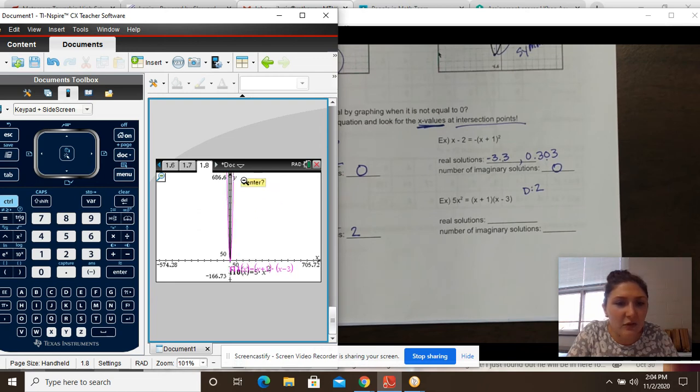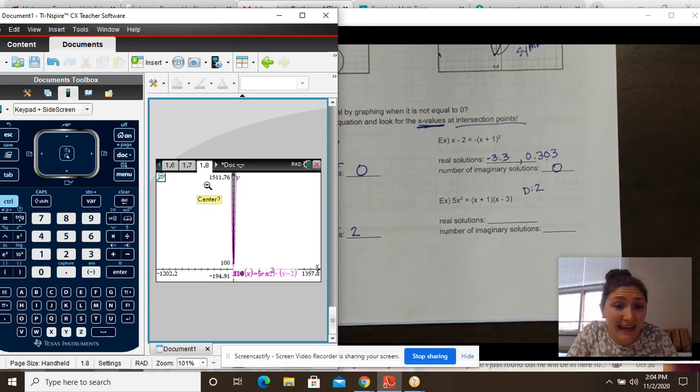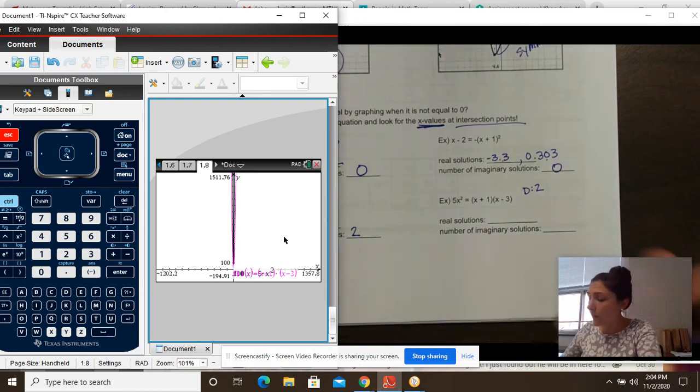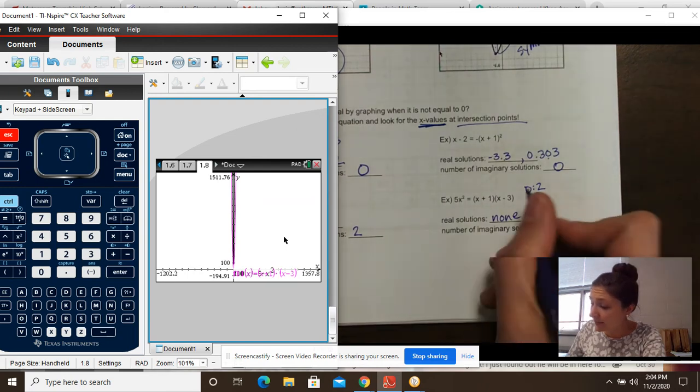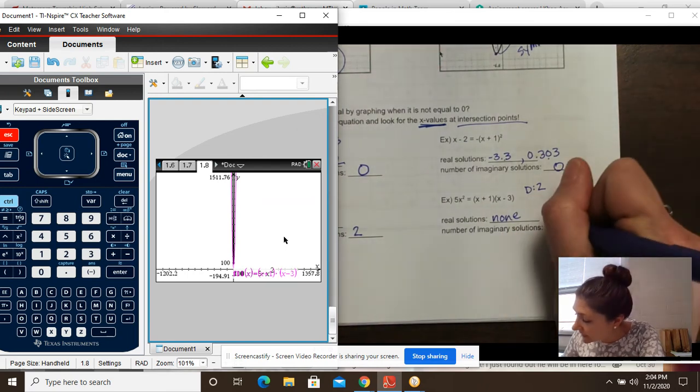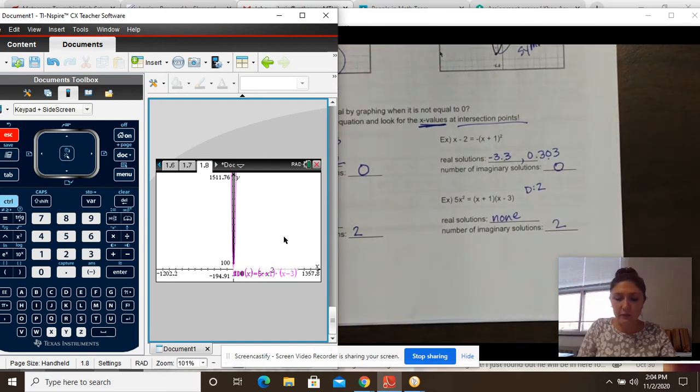If I continue to zoom out, so this is at 1,000 on the y-axis, I still can see very faintly that pinky purple parabola on the outside with that black parabola on the inside. So this is another example where we're going to have no real solutions, which means since my degree is 2, I would expect 2 imaginary solutions.